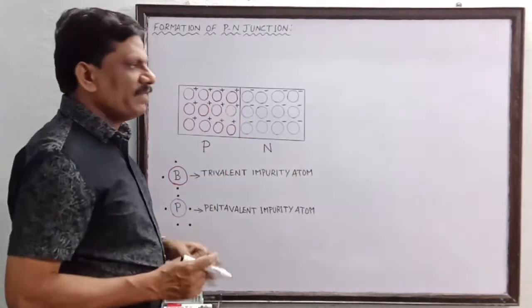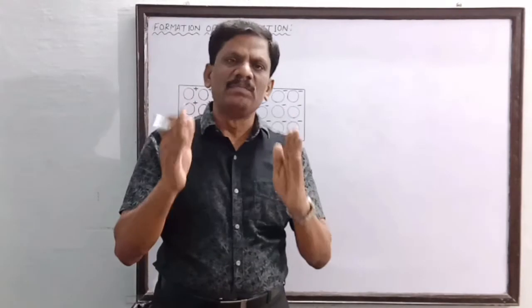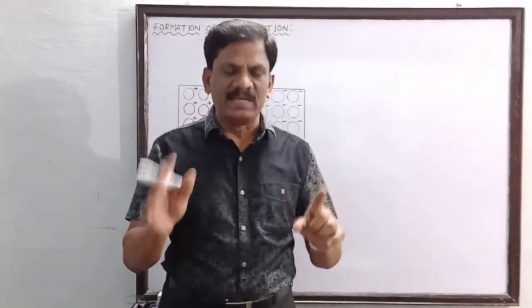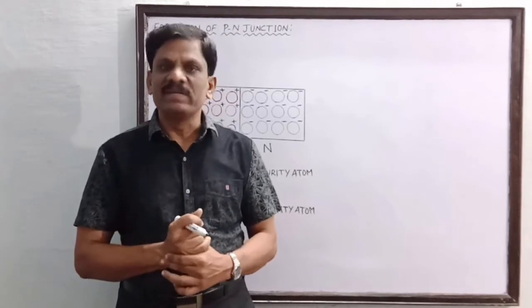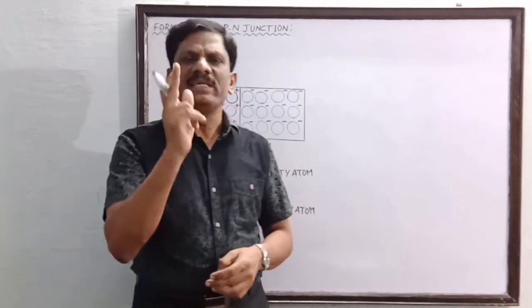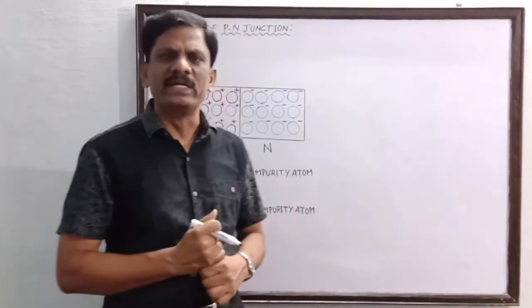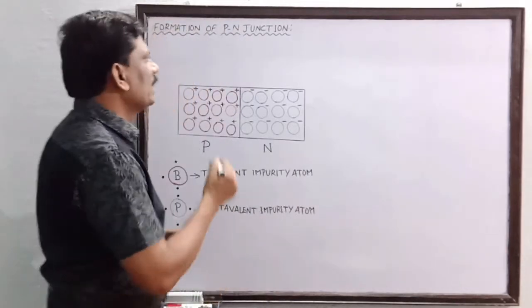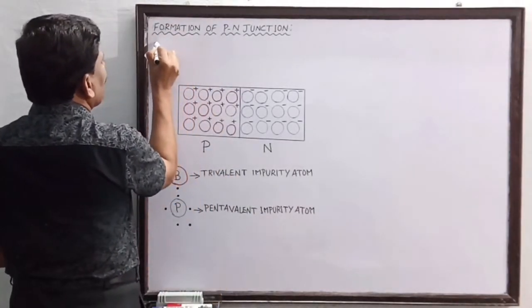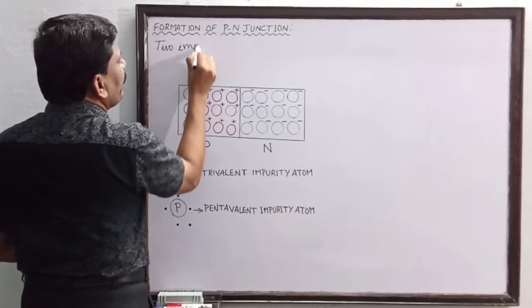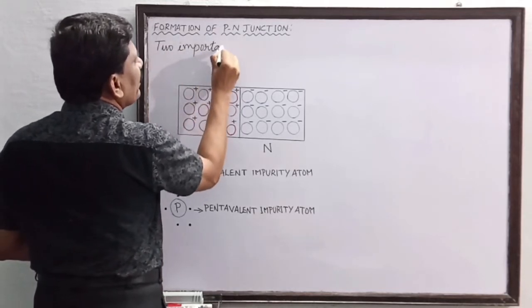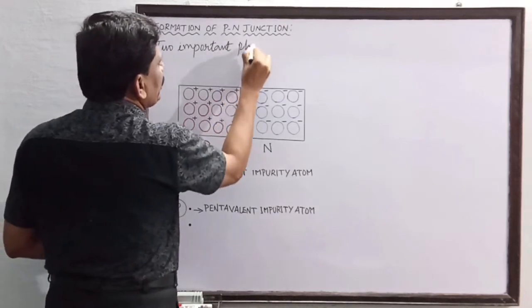Now, whenever a junction between the P type and N type crystal is made, what is going to happen is very interesting. Two very important phenomena are going to take place. So what are the two important phenomena? See here, I will write the two important phenomena taking place soon after the formation of the junction.